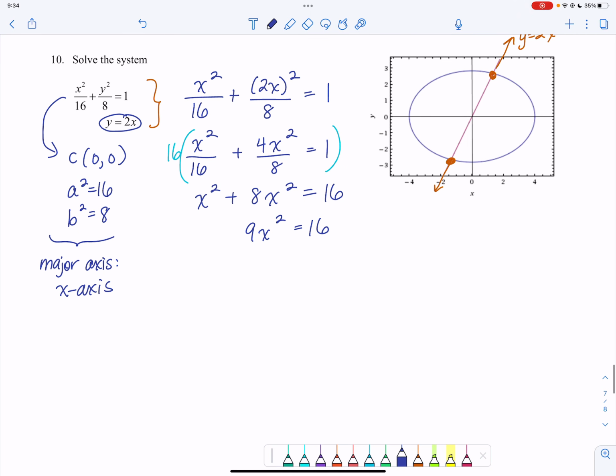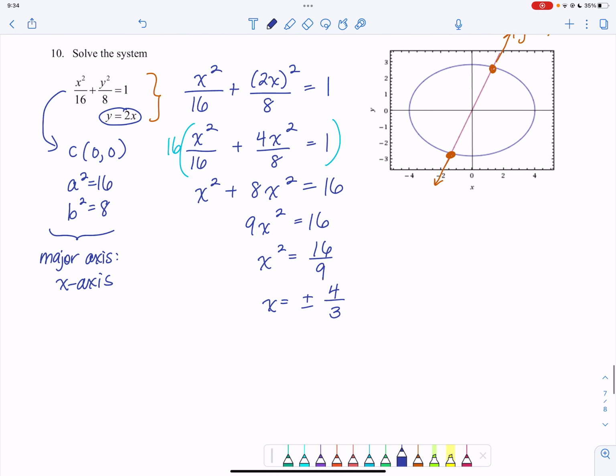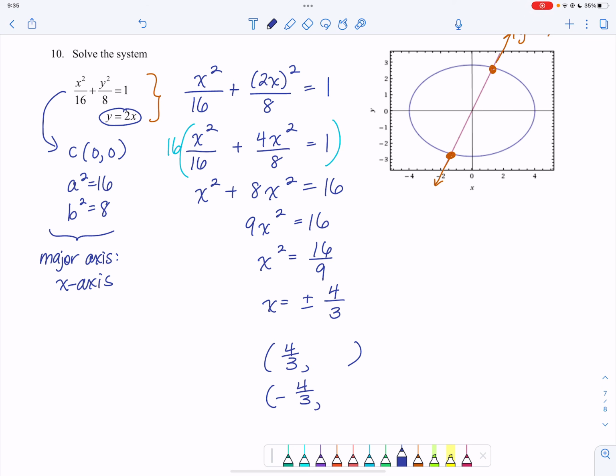And then if we divide both sides by 9, we have x equals plus or minus the square root of 16/9, and we get plus or minus 4/3. So these are actually the x coordinates of the solutions. We have 4/3, and we have a negative 4/3.